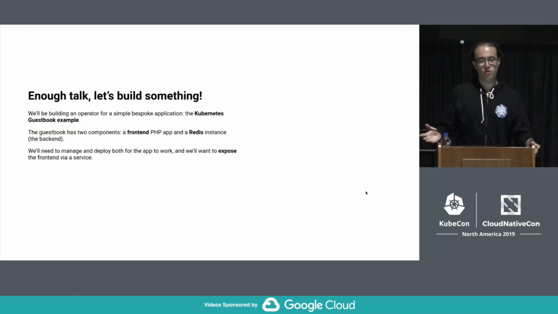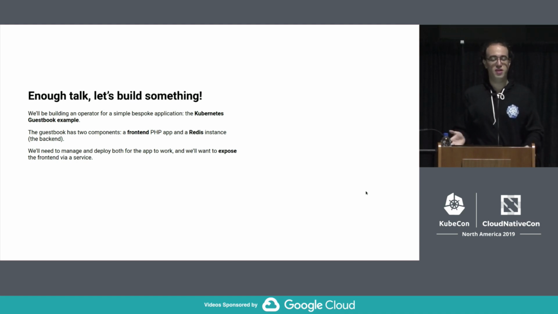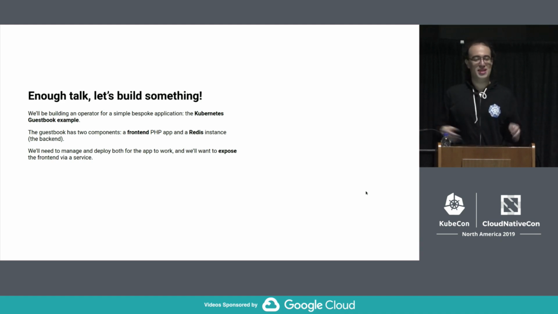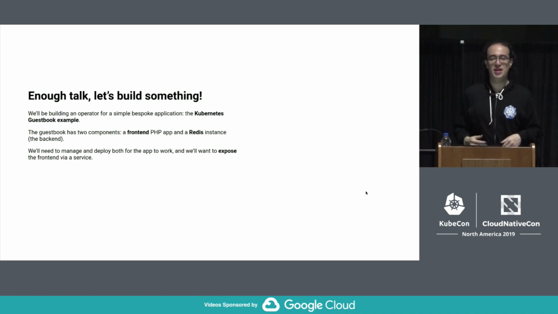Today we're going to be building an operator for the guestbook tutorial from Kubernetes. Who here has played around with the guestbook tutorial before at all? All right, cool, some of you. It's a pretty simple application. There's a small front-end PHP application that connects to a Redis instance and basically lets you write in a name, stores the name in Redis, and when you load the page, it loads all the names from Redis.